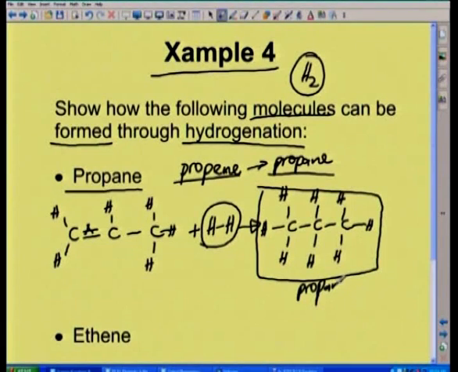This is how the propane is formed, okay, through hydrogenation. Hydrogenation of what? Hydrogenation of propene will give us a propane molecule. Now I can also see that if I talk hydrogenation of propyne molecule, it means I will come down to propene molecule. So you move one step down in the homologous series.